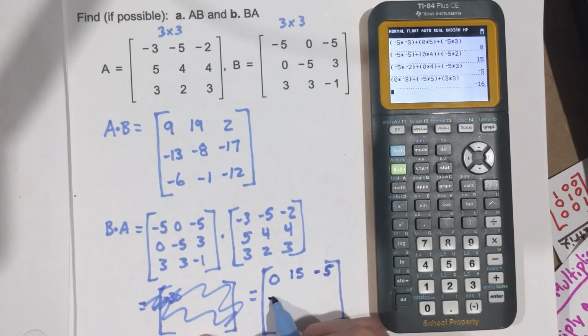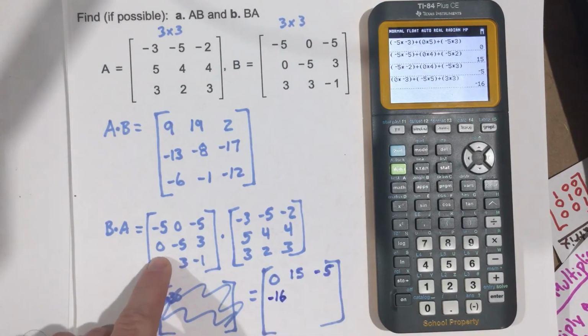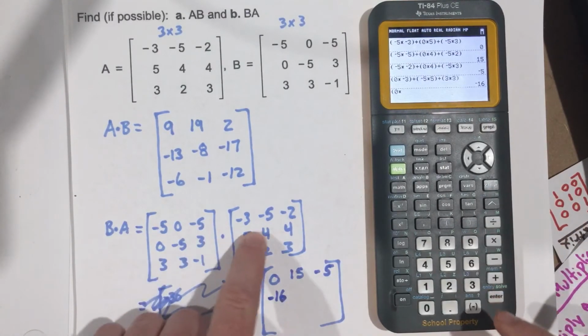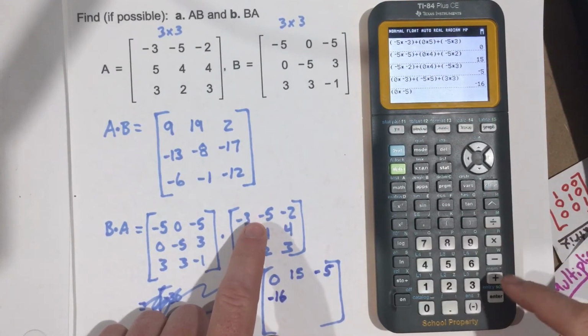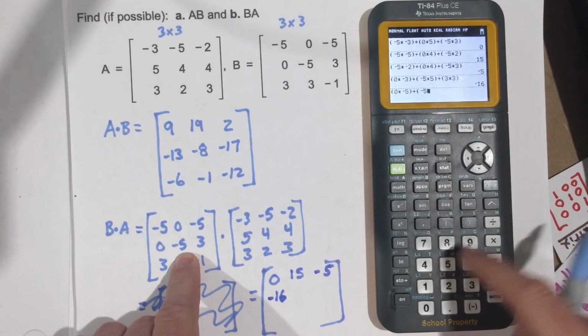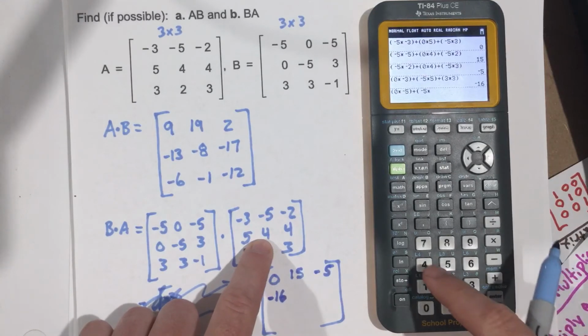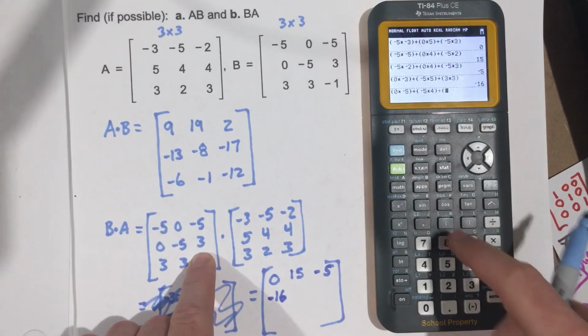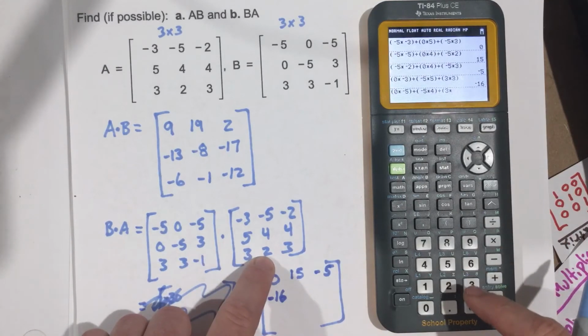That's negative 16. Come back here and we'll do 0 times negative 5 plus negative 5 times 4 plus 3 times 2.